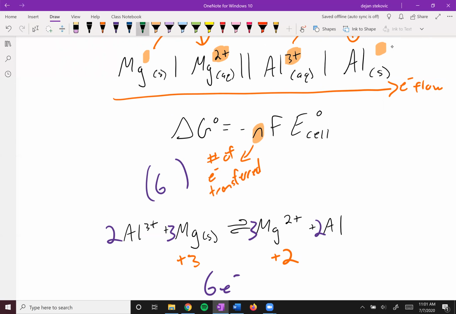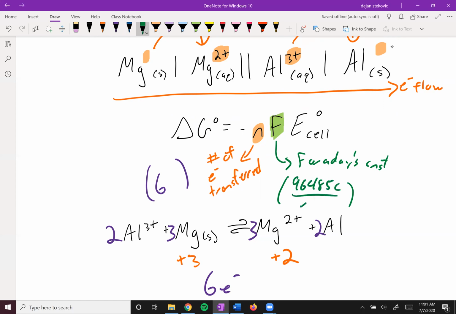And then next up is F. F, think back, is Faraday's constant, so that one's pretty easy. That is 96485 coulombs per mole, right? And this is really moles of electrons there.